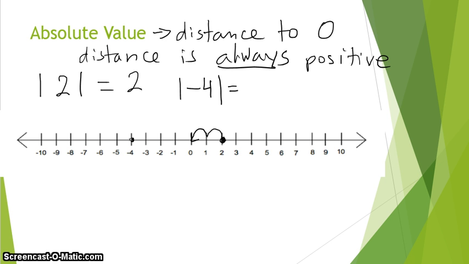Let's see how far away from 0 it is. 1, 2, 3, 4. So it's still 4. The distance is always positive. So if I ask you to find absolute value of negative 5, well, you know that it's 5 away from 0, and it has to be positive when it comes out, so it's 5. That's it.